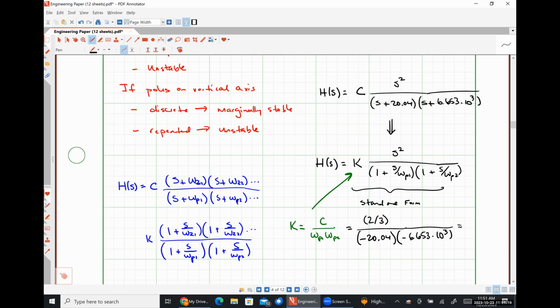Four, five, six. Answer divided by 10 to the minus 6. $5.00027 and some change times 10 to the minus 6.